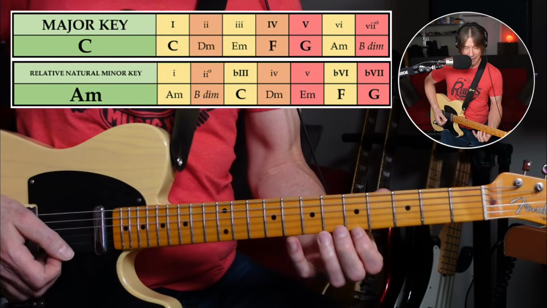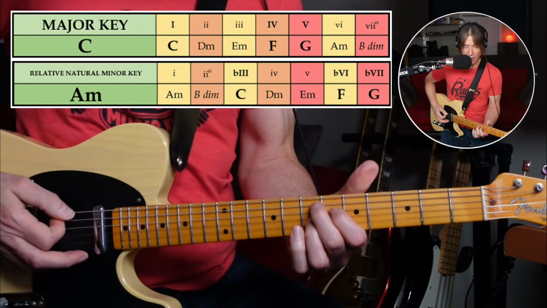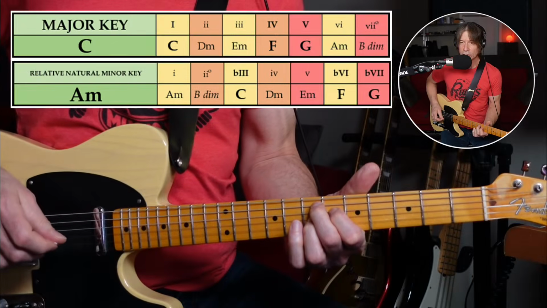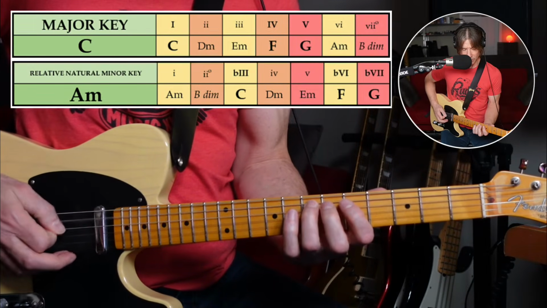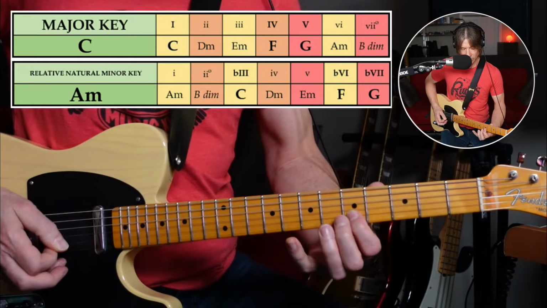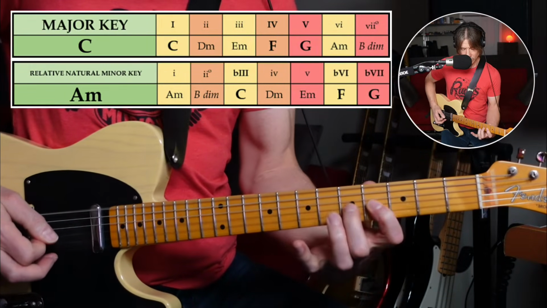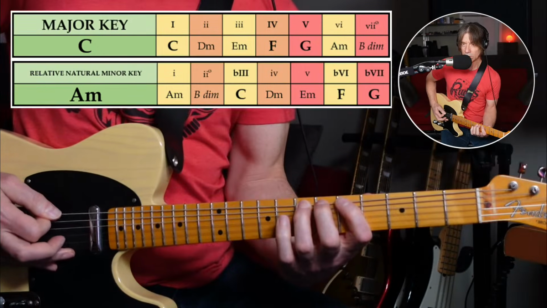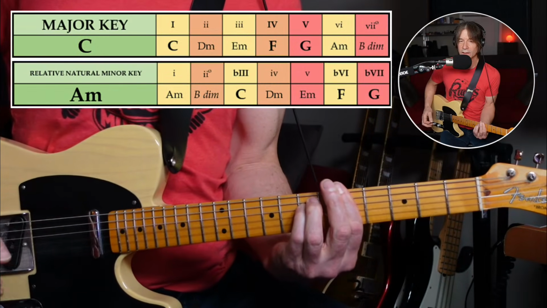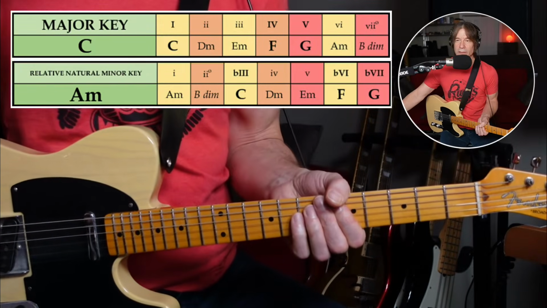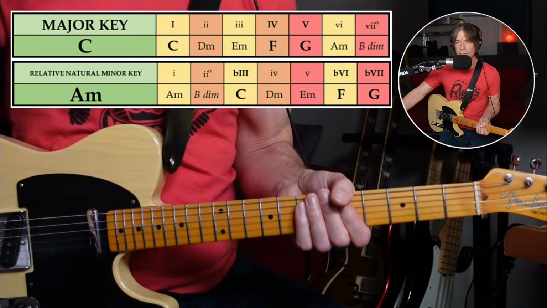So even though you're playing A harmonic minor, you're really playing an E Phrygian dominant mode. And it sounds like this. And then it resolves nicely to the A. It's very basic right there, but there's terms for this stuff.